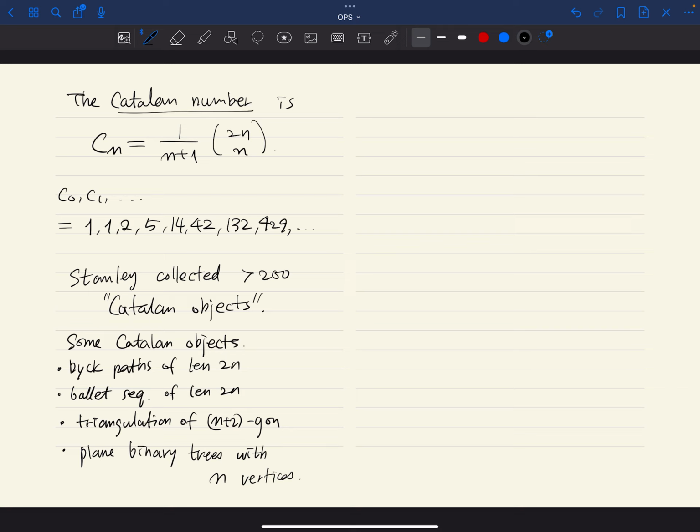So maybe, for example, ballot sequence, let me write, this is 1, 2, 3, 4. So we already saw 1, so 2. A ballot sequence is a sequence of A's and B's of length 2n.